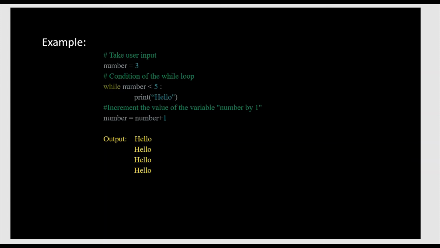So num plus 1 means adding the next one. Less than 5 means we get 4 lines: hello, hello, hello, hello. The statement is number less than 5, and the numbers are iterated up to 5.